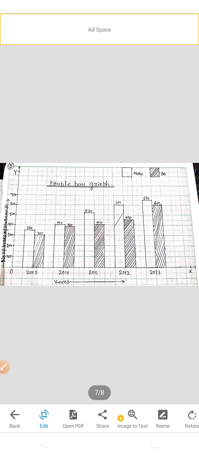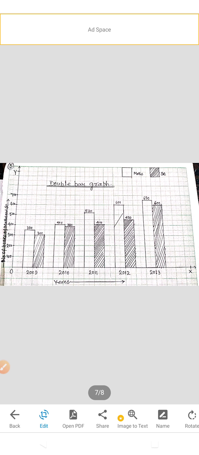The x-axis represents the different years, 2009 to 2013. A vertical line OY is called the y-axis. The y-axis represents the number of books of mathematics and science, and choose a proper unit.